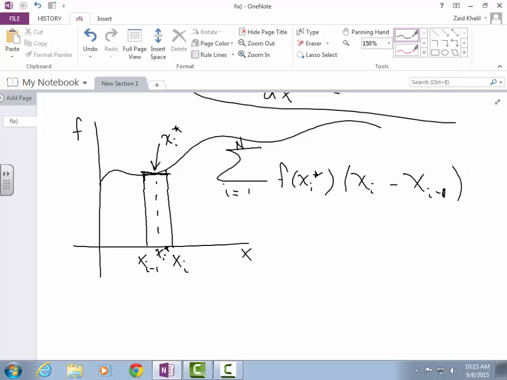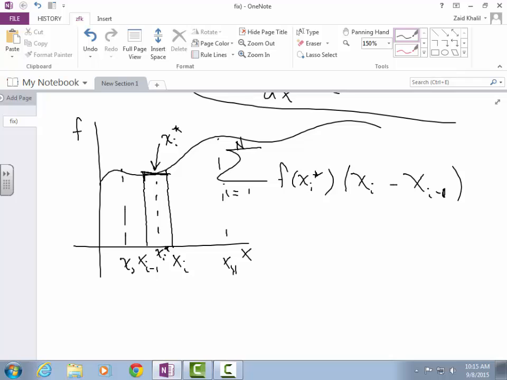What are you doing by minimizing the width? That's right, you increase the number of rectangles. You have fixed bounds. So let's say this is your x_0, this is your x_n. Those are fixed. In other words, that length is fixed. So if you jack up the number of partitions, what is that going to do?